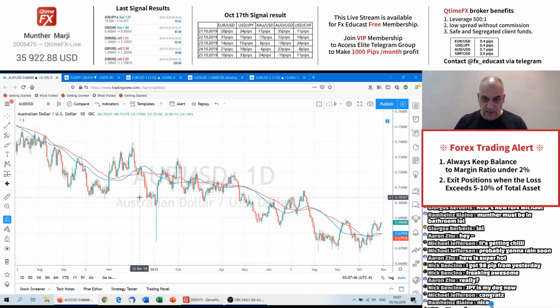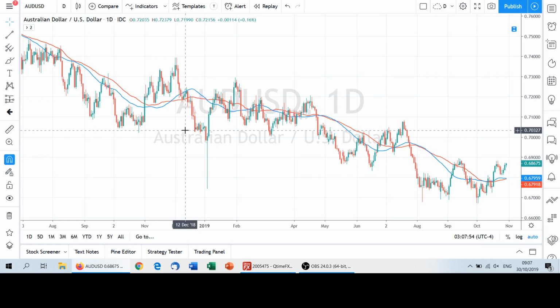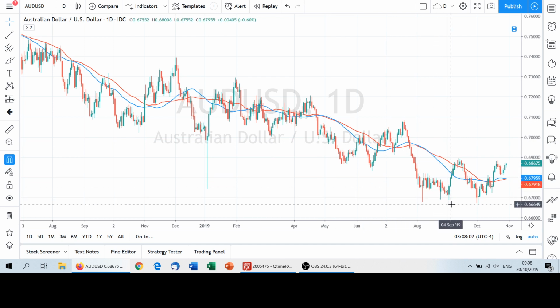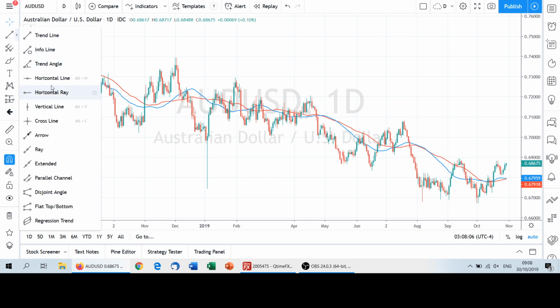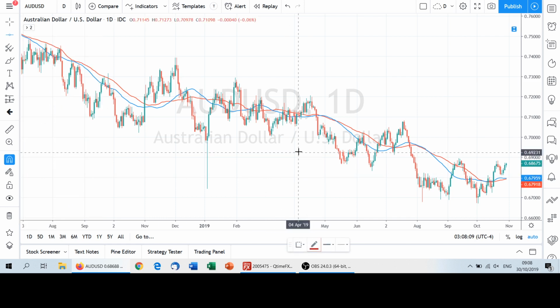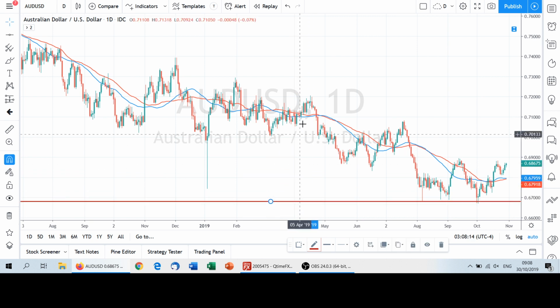The daily chart shows that we have been in a downtrend for quite a while, and as you can see, we have been dropping, lower highs, lower lows, until we reached an area since August that we were unable to break. This is the area I'm talking about. It's just below 67.